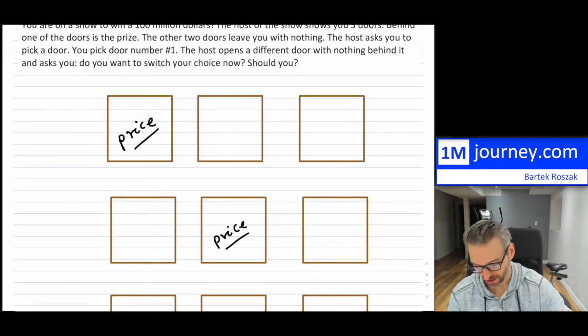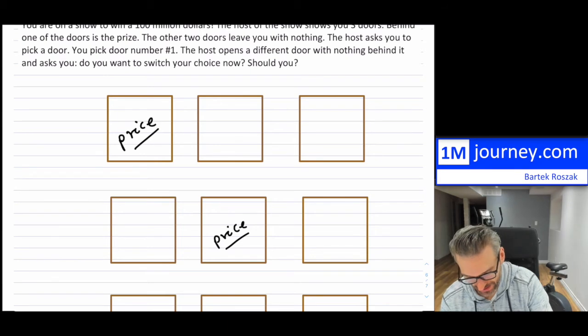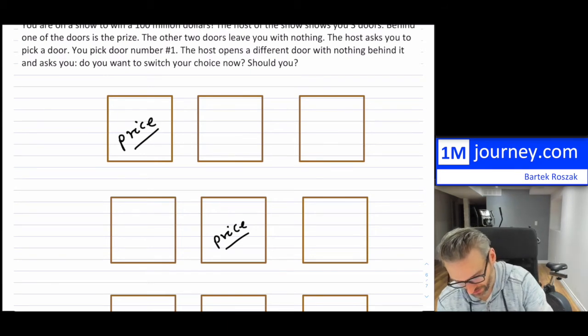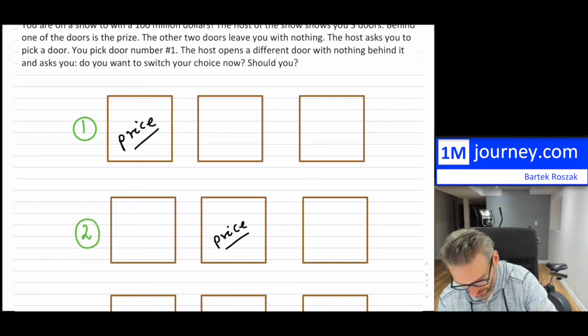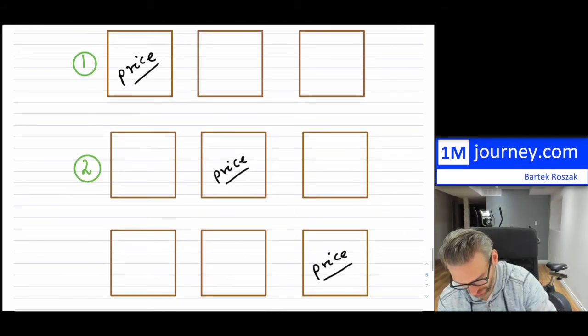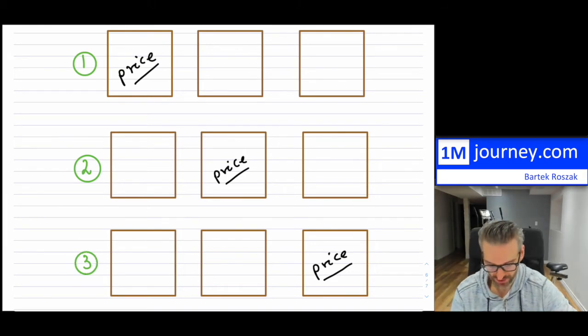These are all the different possibilities that can happen, and then we're going to calculate what the probability actually is.